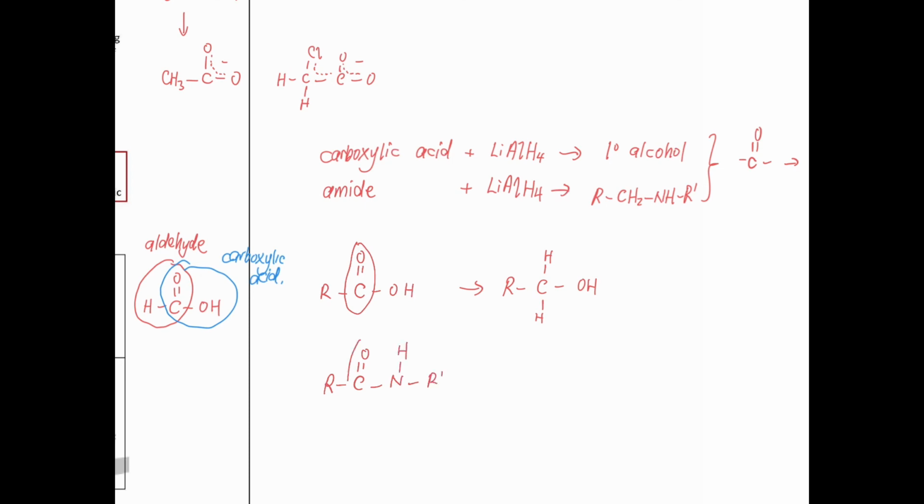So you focus on this alone, and then you put hydrogen to it, NH, R prime. So that's why we have that kind of structure. Okay, that is the reduction. So we finish up the theory already.